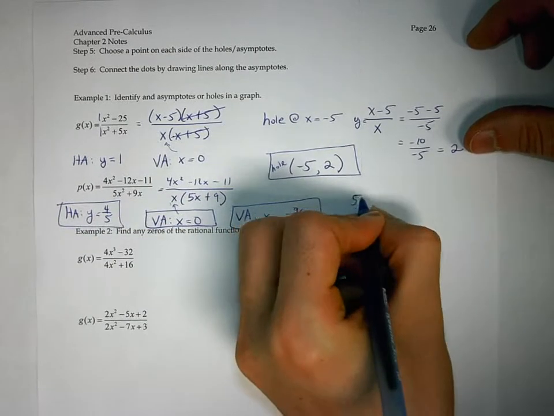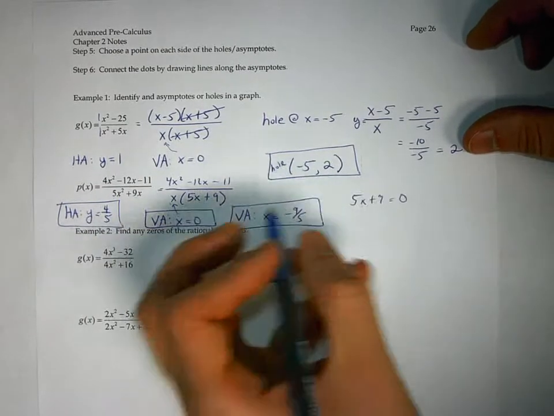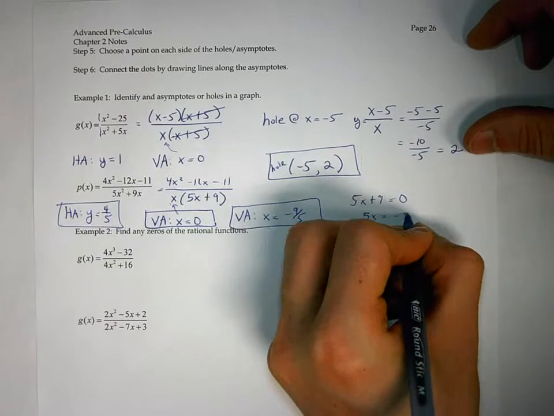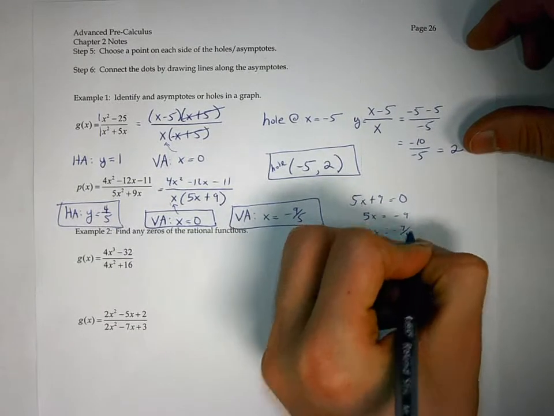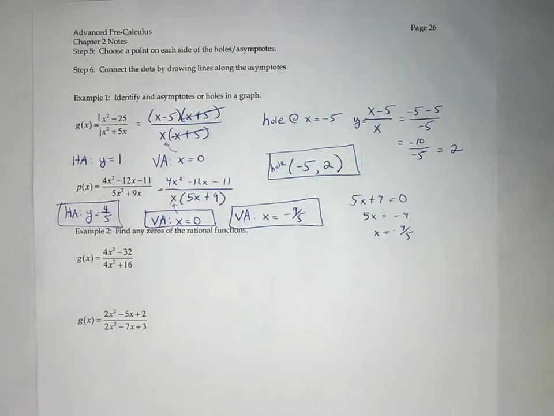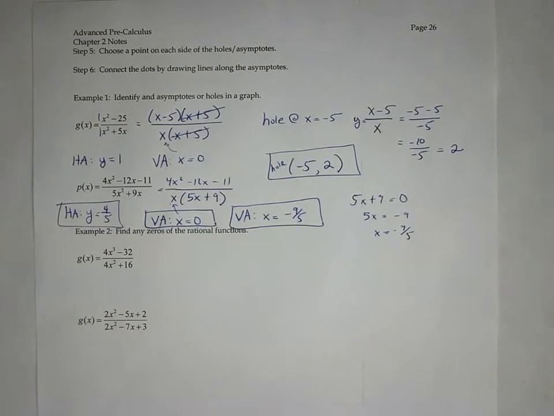And that comes from that 5x plus 9, saying that equal to 0, and then solving. So x is equal to that negative 9/5. So this one does not have any holes, but it's got the horizontal asymptote at 4/5, and then 2 vertical asymptotes, one at x equals 0, and one at x equals negative 9/5.